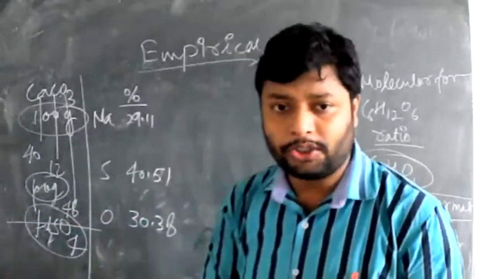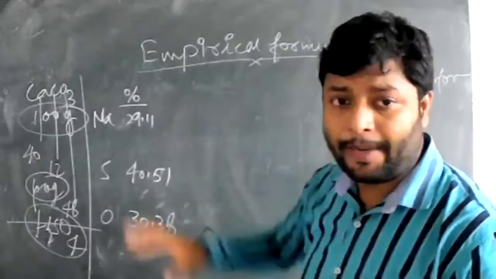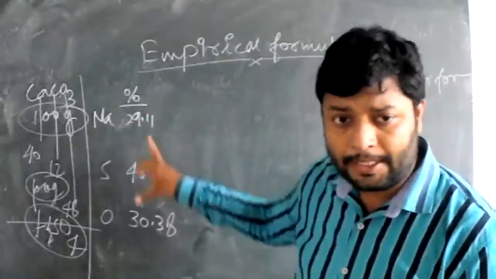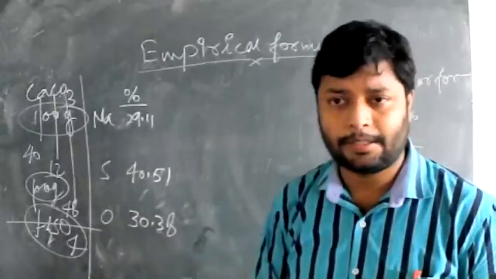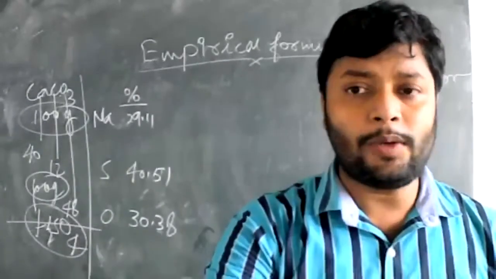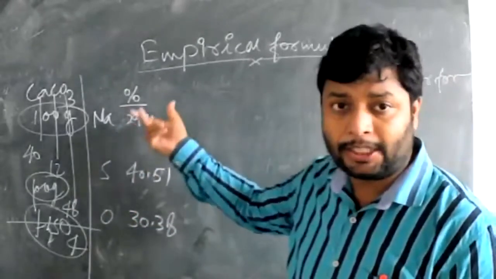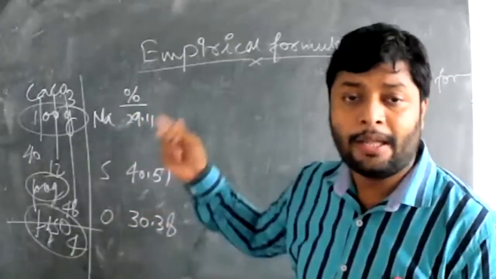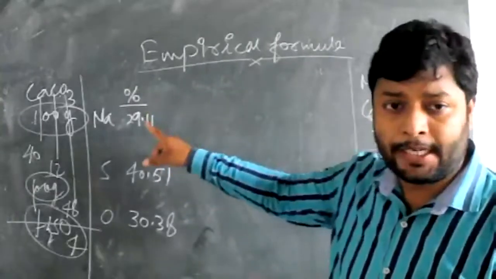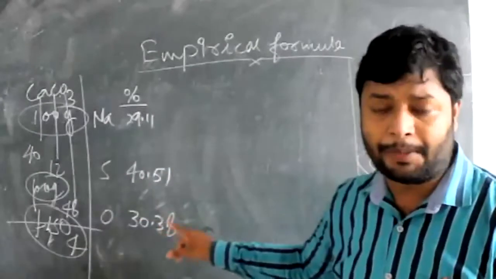Look, in a question, the thing given is percentage. This is called percentage composition by mass, which indicates in what percentage the sodium, sulfur and oxygen are present in a molecule. So sodium is present 29.11%, sulfur is present this amount and oxygen is present this amount.